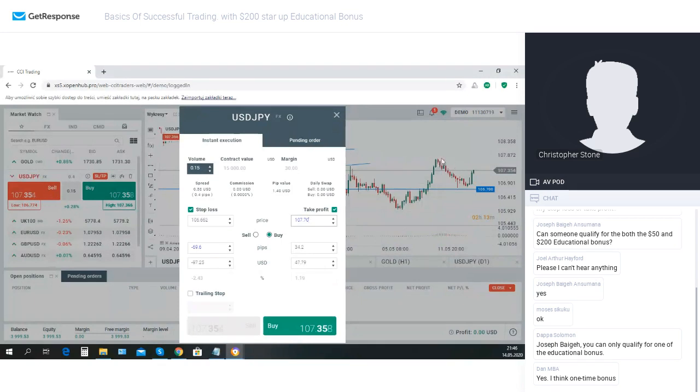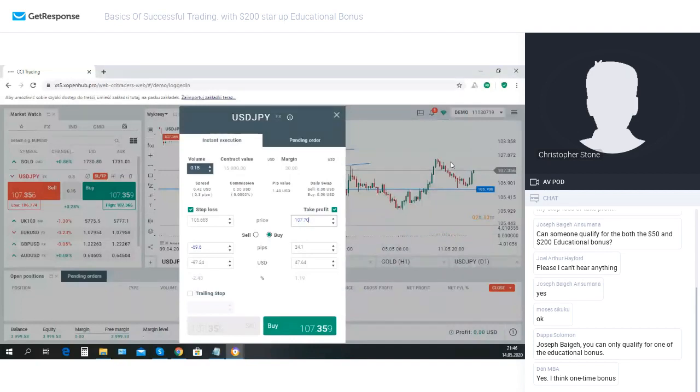I'm saying this where the take profit should be because I'm suggesting the price is going up, and a couple of days ago it went almost to 107.87. So in my opinion, from my analysis, it will probably go there once again.